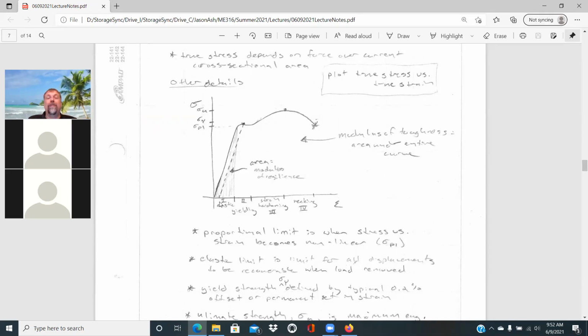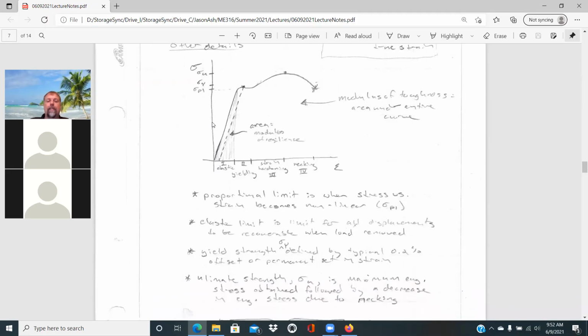So 0.002 would be the strain level, and just run that up at that same slope as the Young's modulus, and where it crosses the engineering stress strain would define what your yield strength is. And so with that, it's the yield strength that you commonly use for design purposes, along with your associated factors of safety to stay well below that.